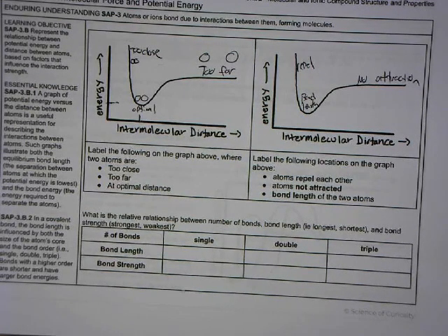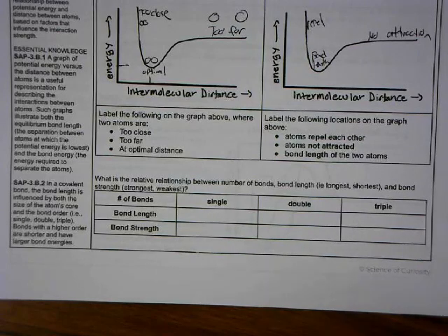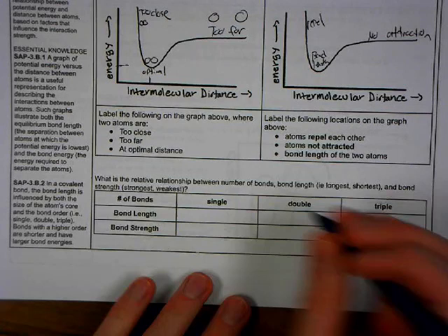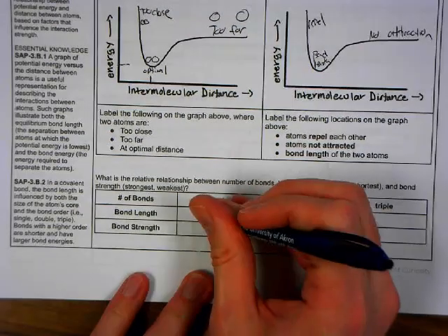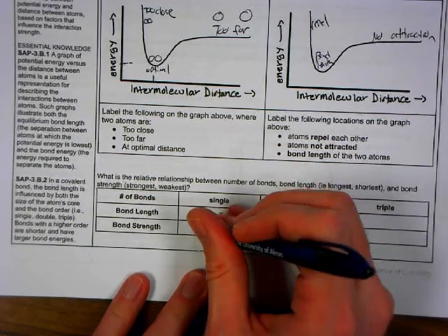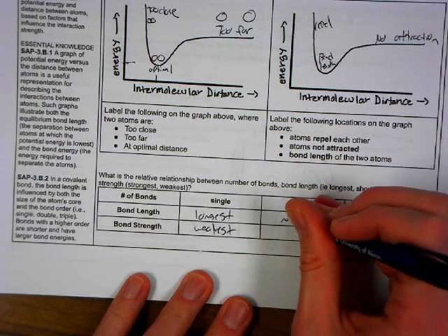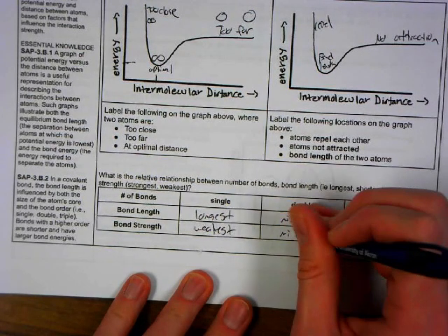Bond length and bond strength. How did I teach you this? The shorter the length... Yes! You got it. So bond length single is going to be my longest length, which is going to be my weakest strength.